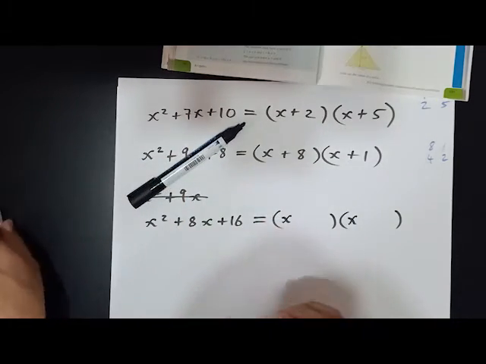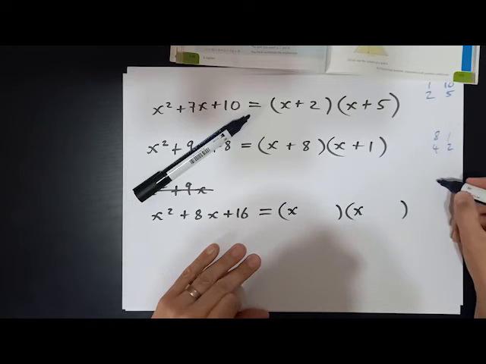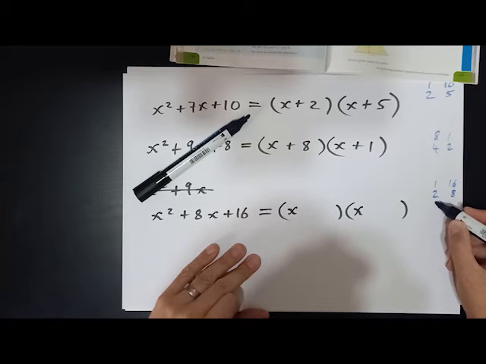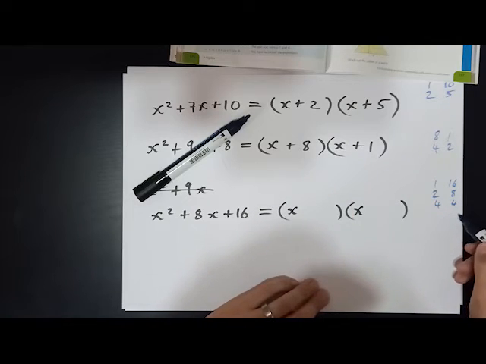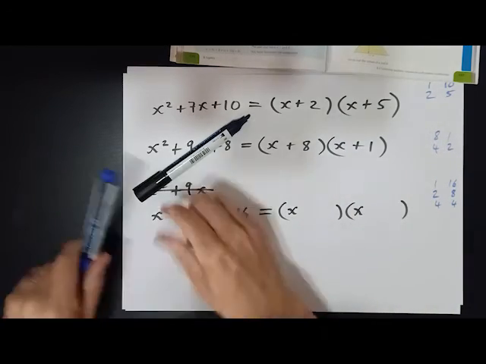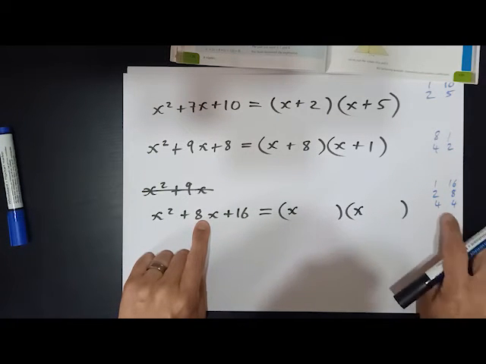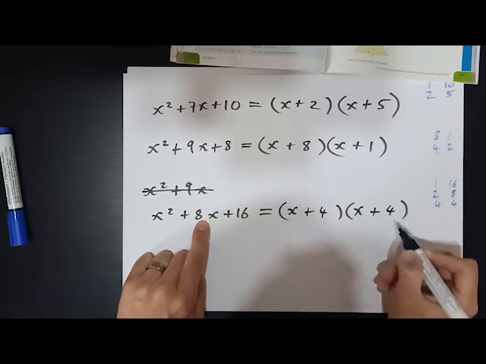Let's jot down the numbers over here. Perhaps by now you can do this in your head, but no shame in writing this out. So 1 and 16, 2 and 8, 3, no, that doesn't work. 4 and 4. And then we go the other way, so 8 and 2, 16 and 1. They need to add together to make this one. It's those two, so it's plus 4, plus 4.